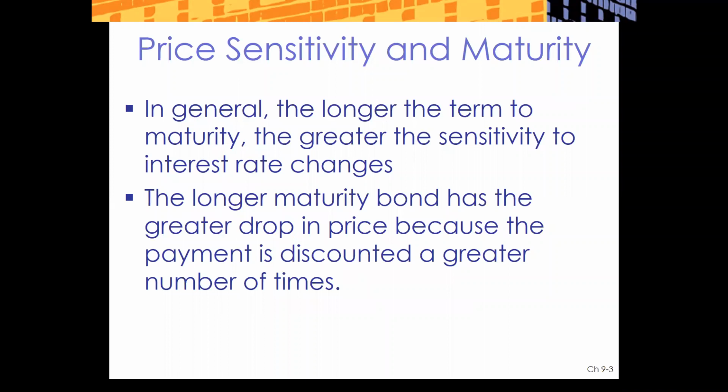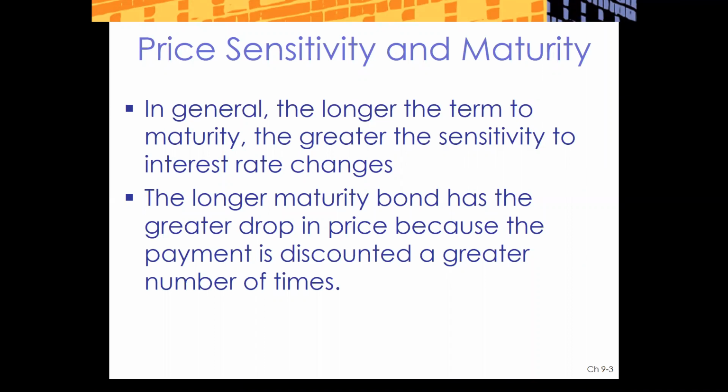So in general, the longer the term of maturity, the greater the sensitivity to interest rate changes. The longer the maturity of the bond, the greater the drop in price, because the payment is discounted a greater number of times. It's not only the longer period, but it also means the periodicity of the installments, the frequency of the number of periods.